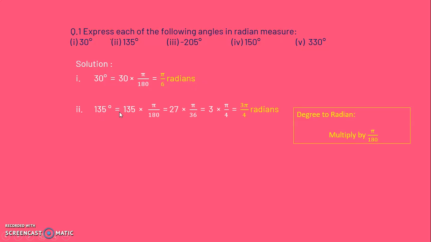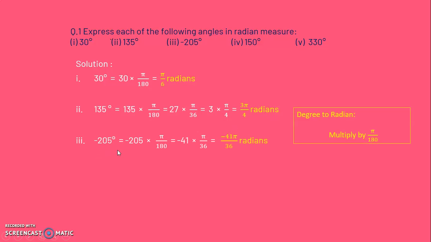Now 135 degree: 135 into pi by 180. If we cancel 135 and 180 with the table of 5, we get 27 into pi by 36. Then 27 and 36 are cancelled by the table of 9, so 3 into pi by 4, which is equal to 3 pi by 4 radians.